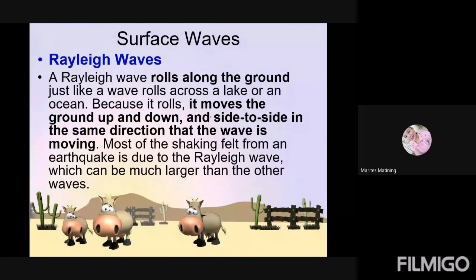Because it rolls, it moves the ground up and down and side to side in the same direction that the wave is moving. So most of the shaking felt from an earthquake is due to Rayleigh wave, which can be much larger than the other waves. Okay, so that's the movement of surface waves.